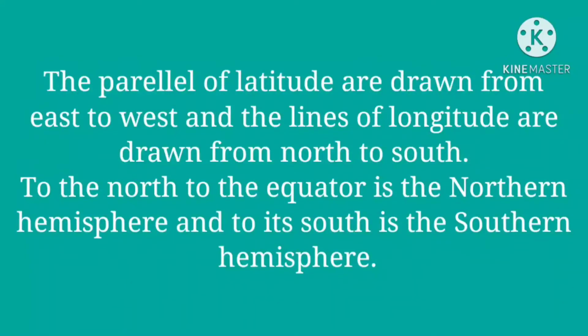And if we talk about the south of the equator, it always is the southern hemisphere. So remember that north is in the northern hemisphere, and south will come into the southern hemisphere, okay. So now with this we have completed our summary.